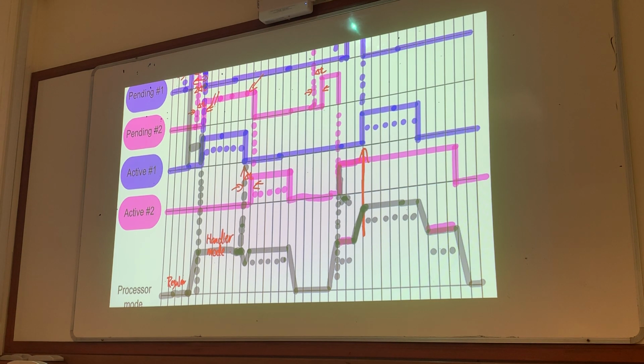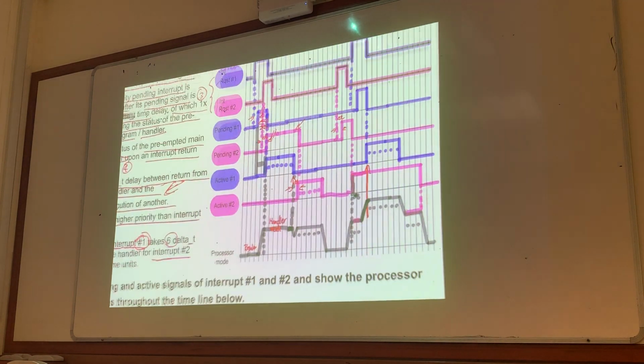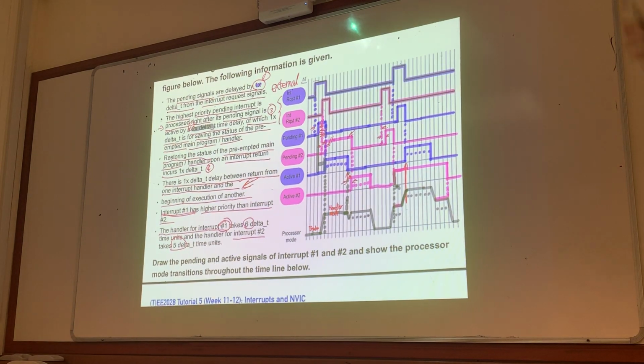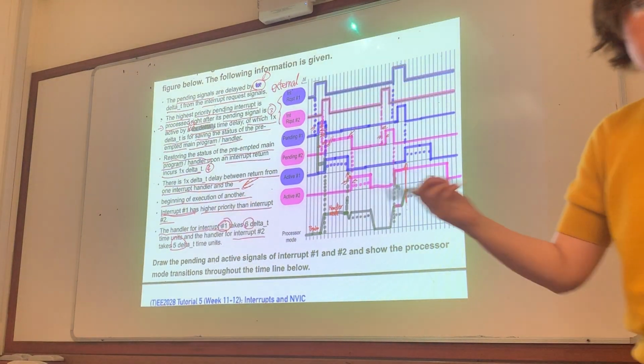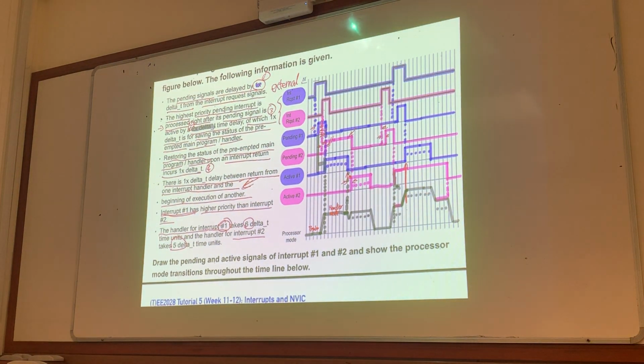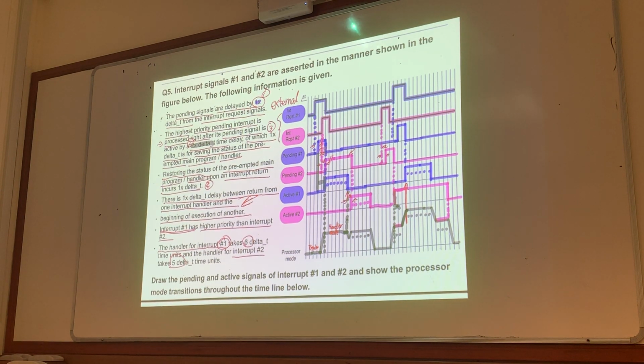It will stay quite long. At this moment you finish and then you take 1 delta time to go back. So that's the idea. So you see, in order to draw this, all the information needs to be given. So this is question 5.